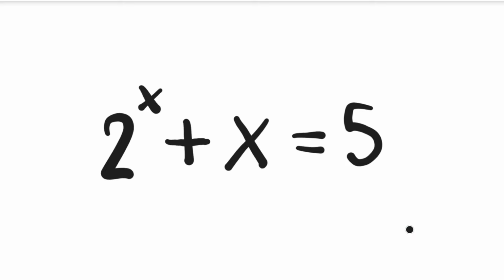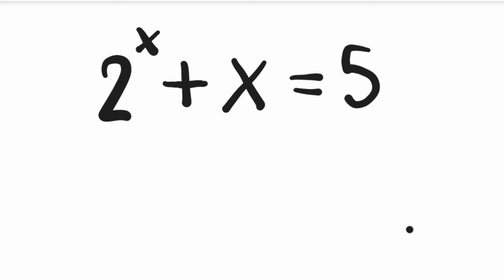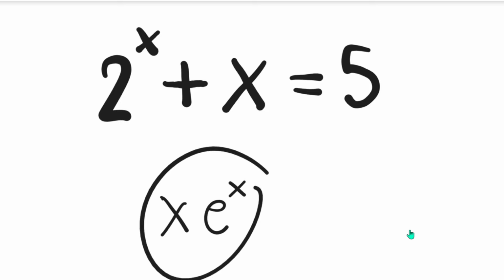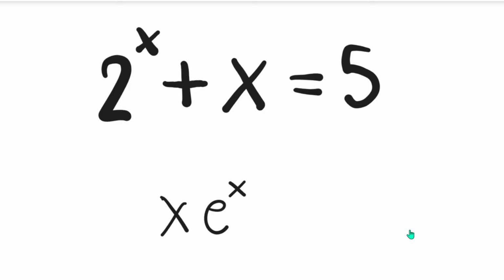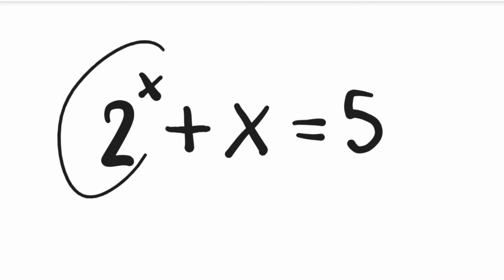First, we want to get something of the form x times e to the x. It doesn't have to be x necessarily. It's just something that resembles this. So what I'm going to do is first look at this 2 to the x.